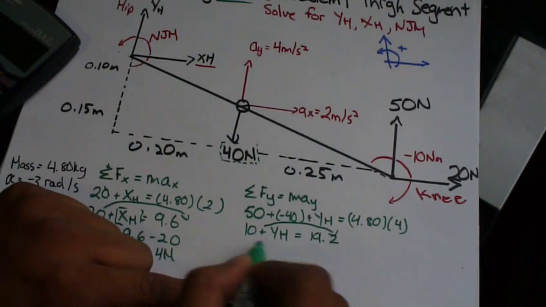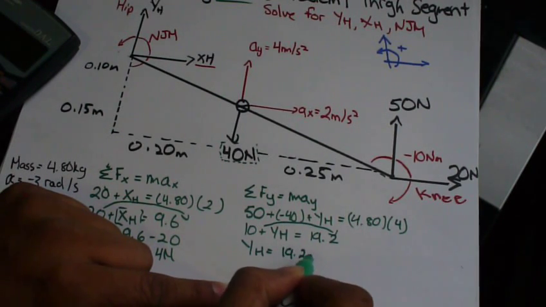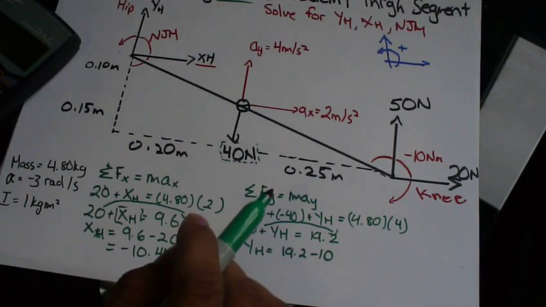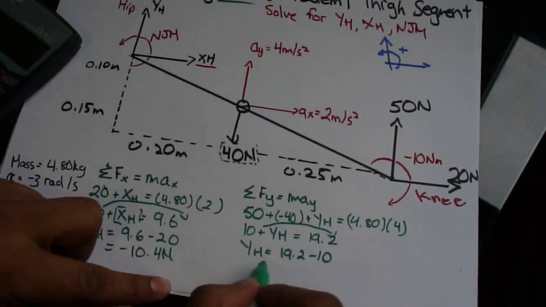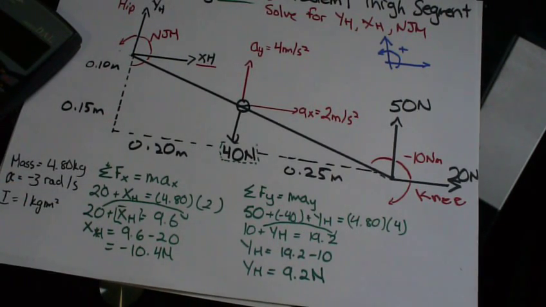Carry this over. So YH is equal to 19.2 minus 10. Well, I didn't need a calculator for that. So 9.2 newtons. Bam. First step done.